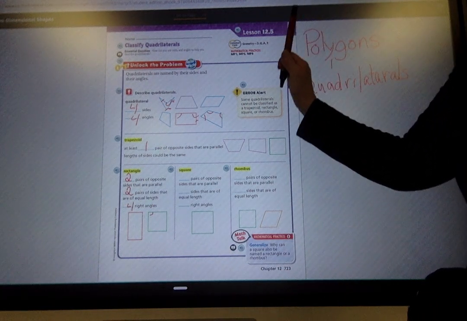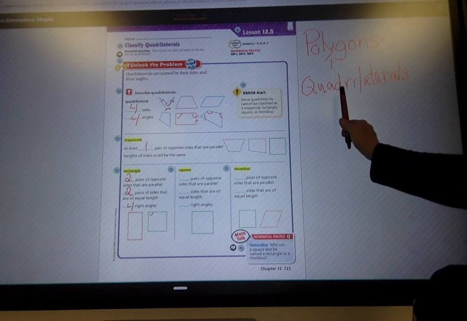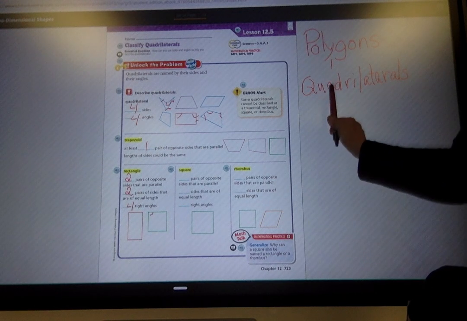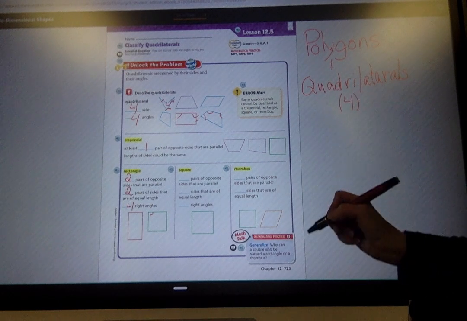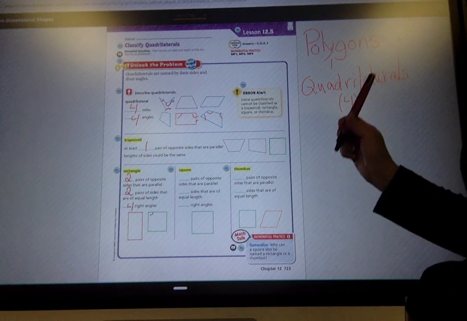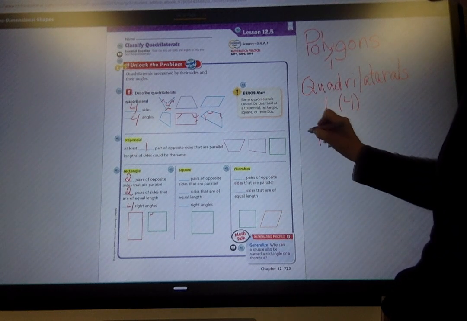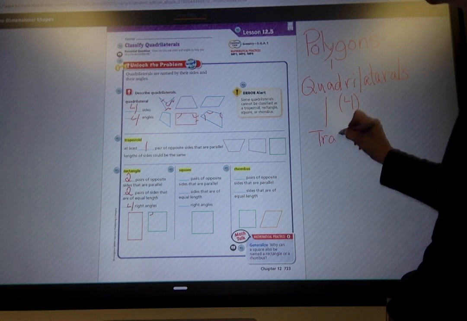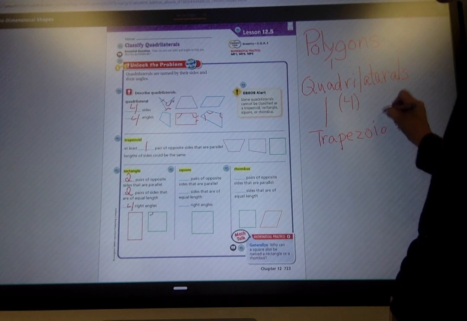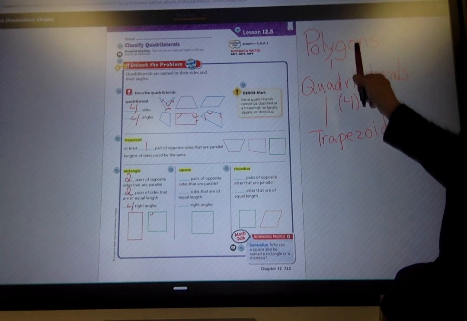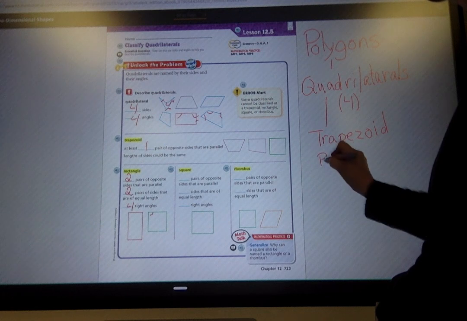So we have polygons, and polygons can be quadrilaterals. Some polygons are quadrilaterals. That means they have four sides and four angles. Then we start looking at their sides, and it could be a trapezoid, or this polygon that is a quadrilateral might also be a rectangle.